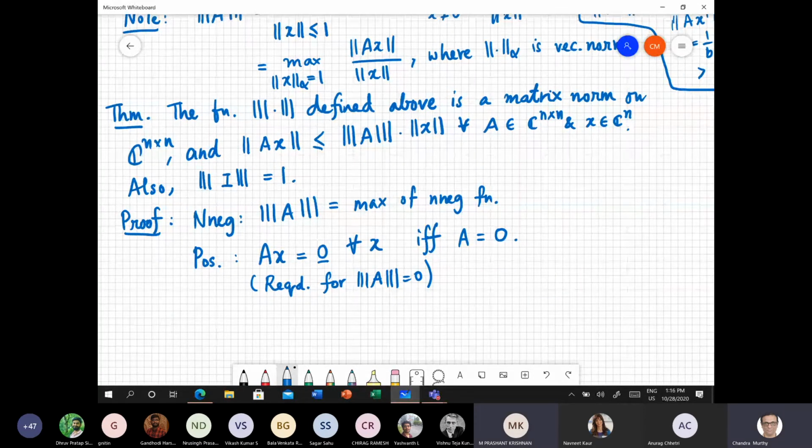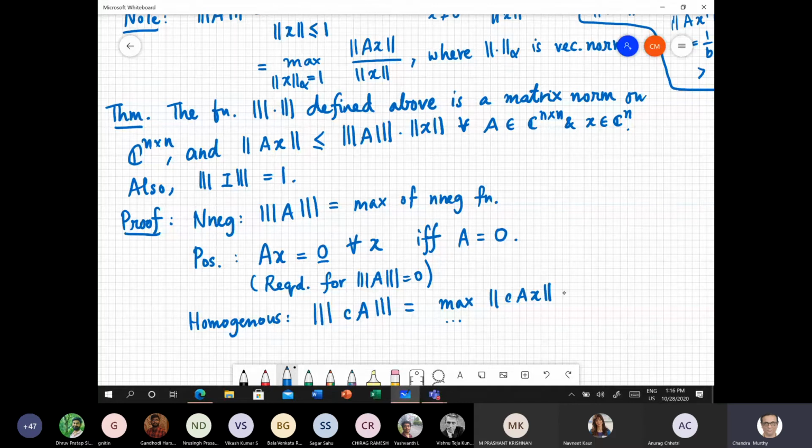Yes, sir. So the next property is homogeneity. So we need to show that if I consider the norm of c times this matrix A, this is equal to the max of, I won't write the constraint here because it's just repetitive, it's the same constraint, norm of x equals 1, norm of cAx.